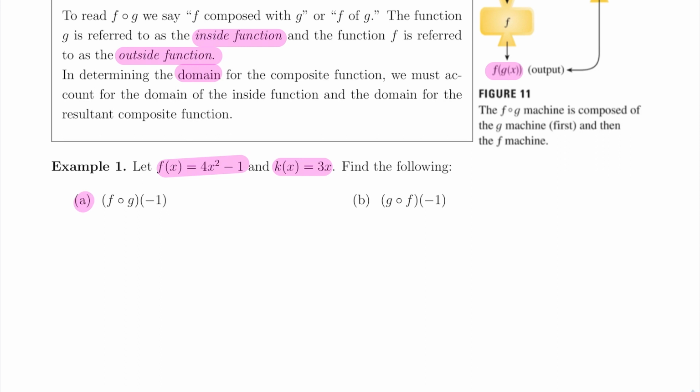That means f composed with g of -1. So we can rewrite our composed function of f composed with g of -1. Now I'm noticing that it says g here, and here our second function is k. So I'm just going to rename k as g to make it a little bit easier. g of x equals 3x.